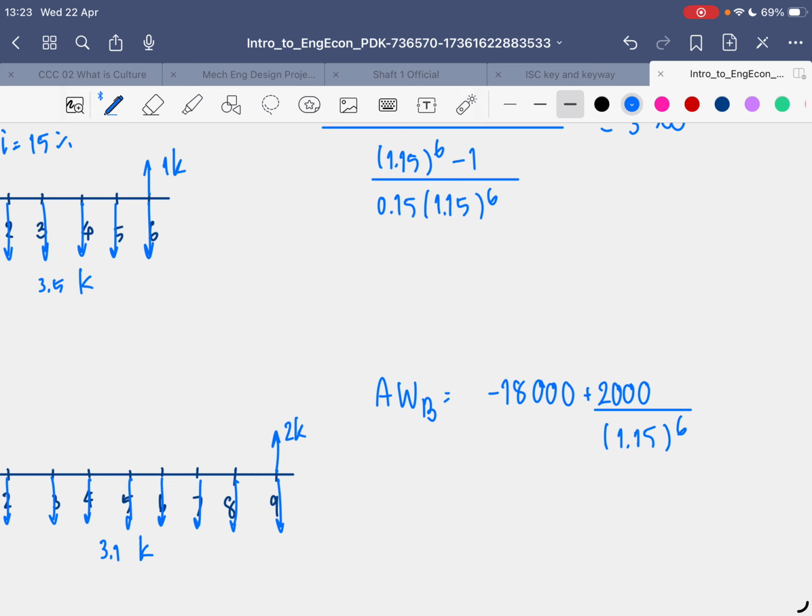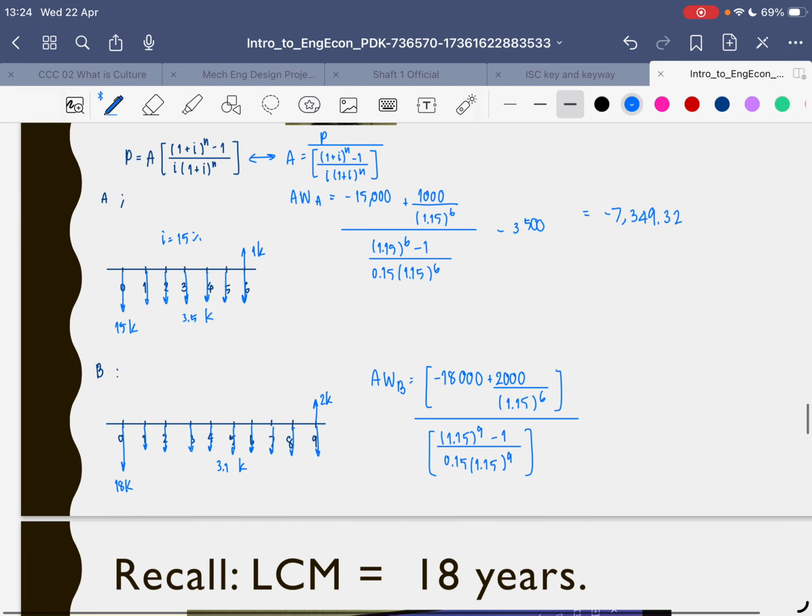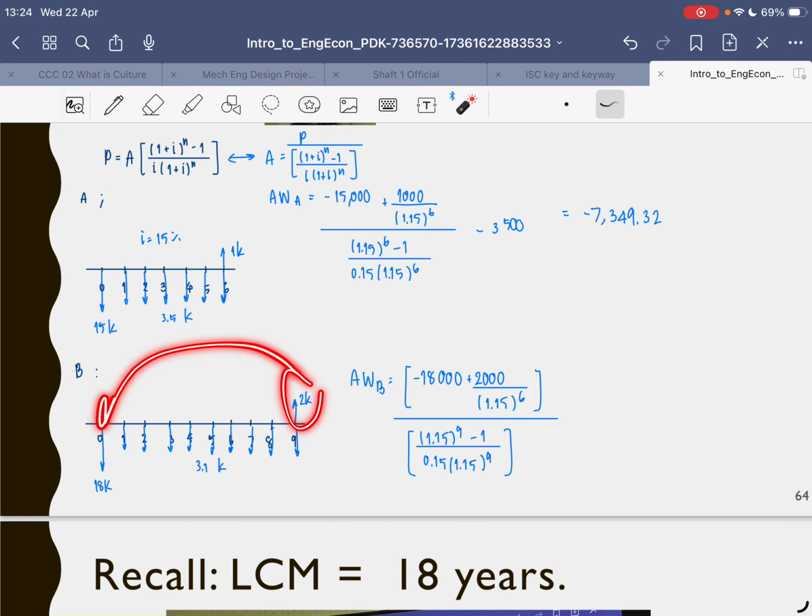Then I divide this whole thing by 1.15 to the power of 9 minus 1 over 0.15 times 1.15 to the power of 9.